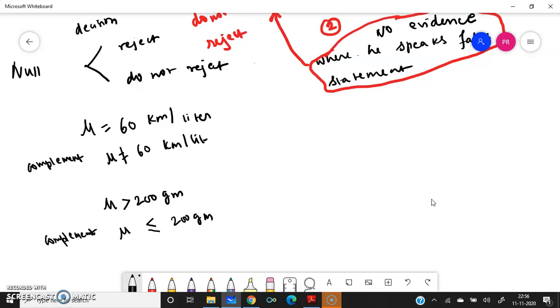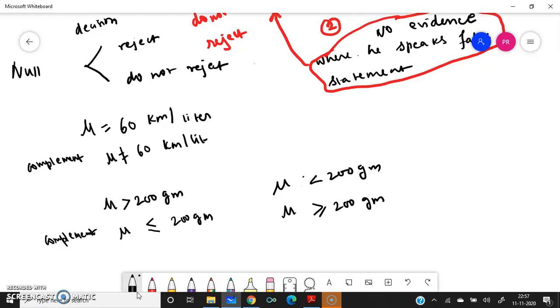And if I'm claiming mu is less than 200 grams, what will be its complement? Mu is greater than or equal to 200 grams. So this is how we write the complement.